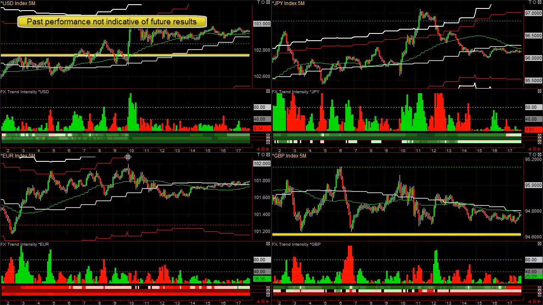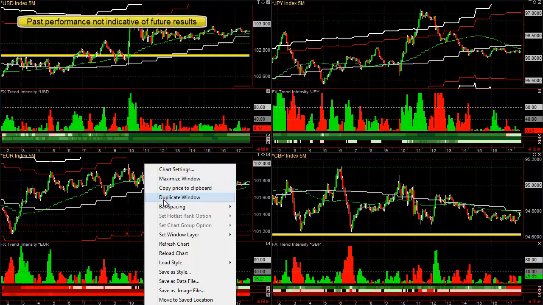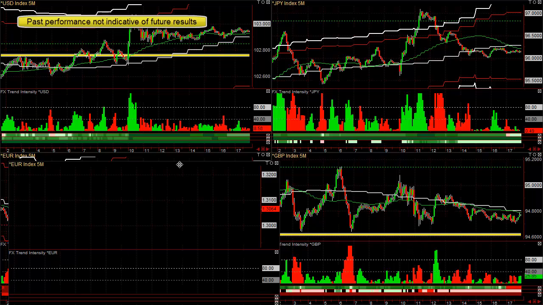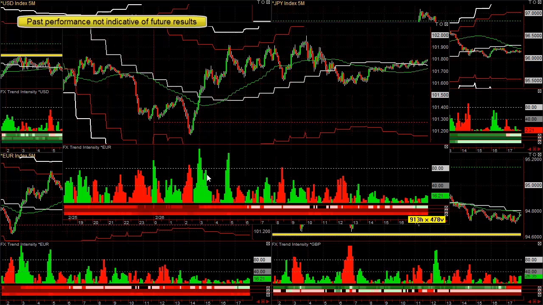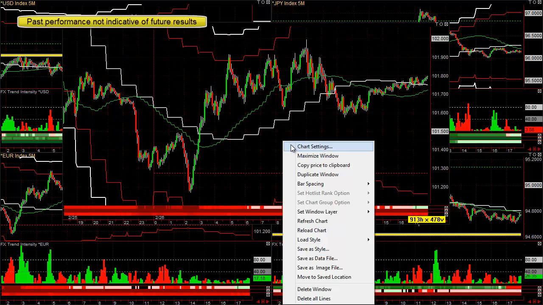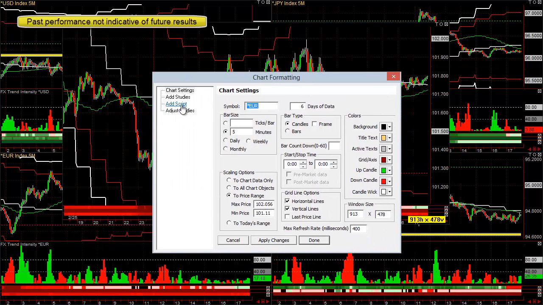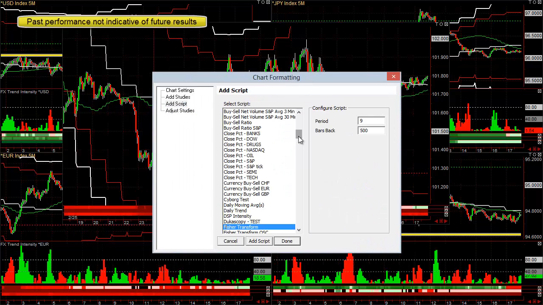But one of the nice things about this is it works so well, and I like the oscillator value so well that I decided to put it into our FX trend intensity tool. So if you go to FX trend intensity, when we release this, you don't have this in yours yet.